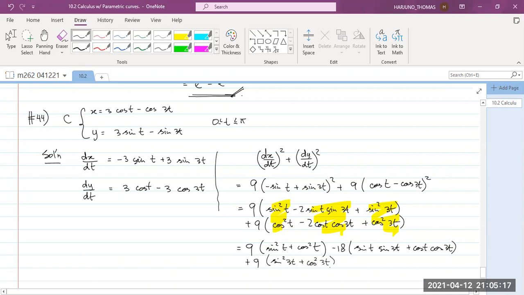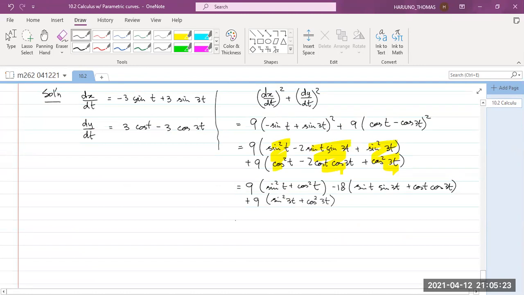Do you realize that it's actually more algebra? This is 9 plus 9 minus 18 times what's that? Cosine cosine plus sine sine. That's cosine of 3t minus t.